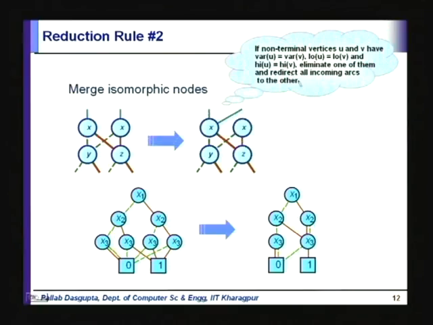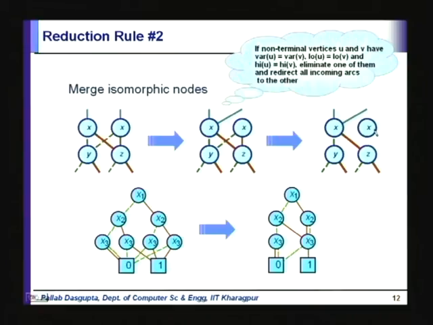So, this is what is being done. If they are the same node, then we merge these two into one node, make their parents point to the one node, and then remove this node, right. This node can now be taken away, not needed anymore. Okay.